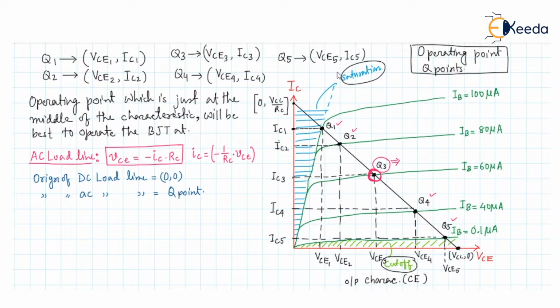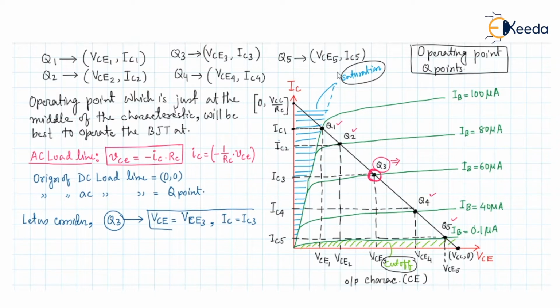So, what is the importance of this Q point? Let us consider that a transistor is operating at the Q3 point. If it is operating at the Q3 point, the value of VCE will be VCE3 and the value of IC will be IC3.